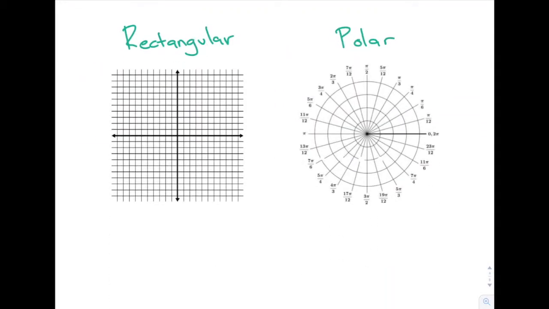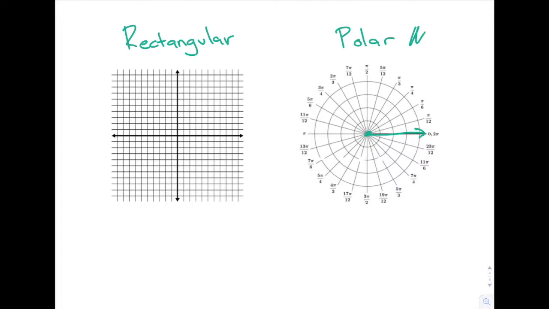Now, as we've talked about before, a rectangular grid is helpful for plotting points in rectangular coordinates. To plot points in polar coordinates, we need to use a grid that consists of circles centered at the pole and rays emanating from that pole. Over here on our polar grid, we have our origin, our polar axis, and angles all the way around.